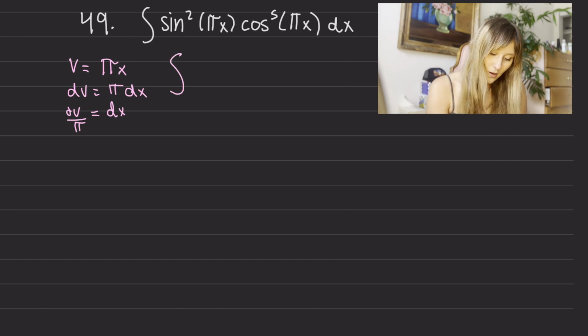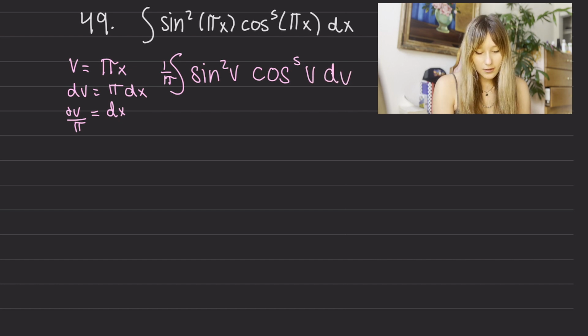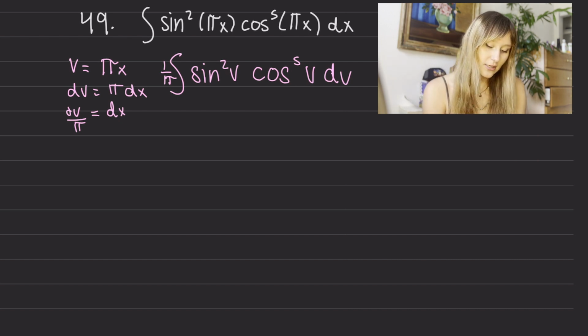So, rewritten, that's going to be 1 over pi times sine squared v cosine to the 5th v dv. You see what I did there? So now this is an easier and cuter problem.